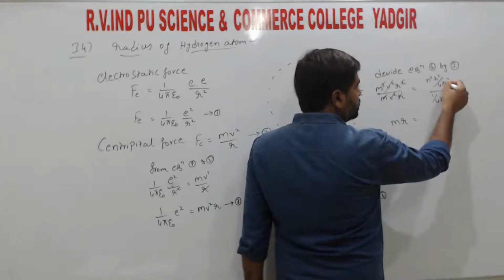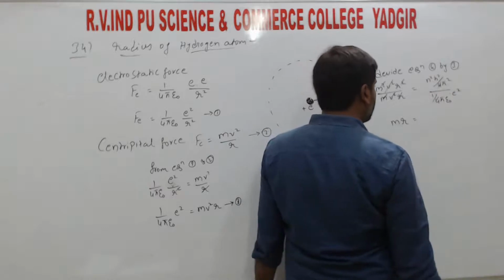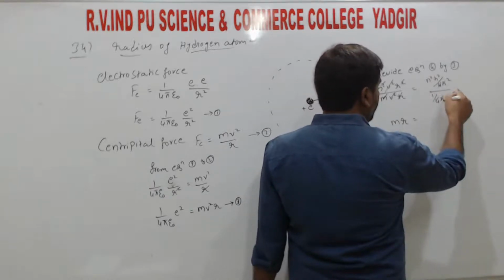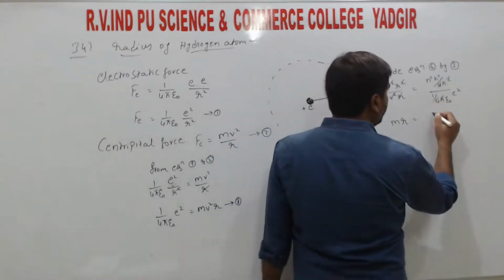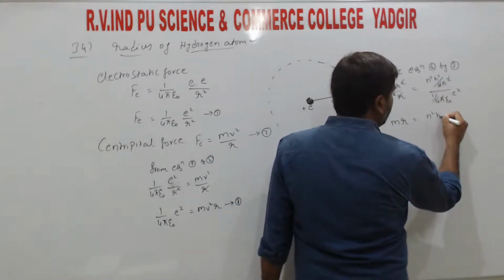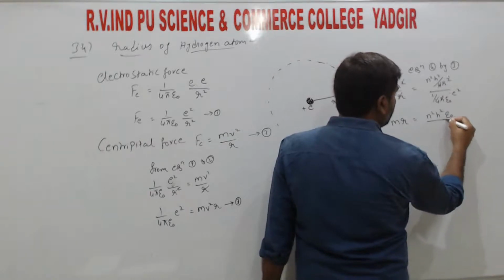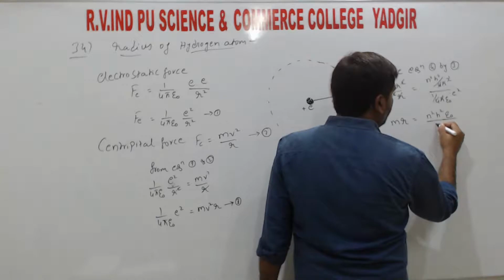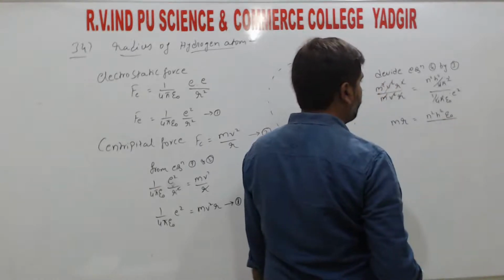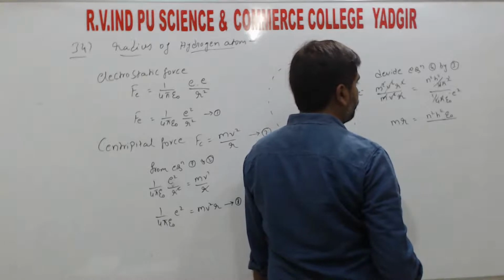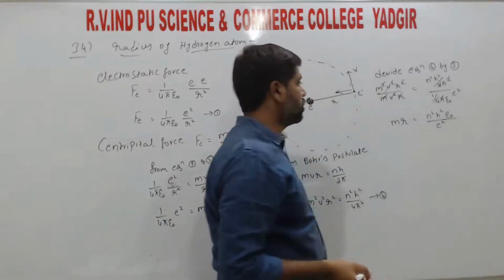So here in the RHS, 4 gets cancelled, right? One pi square gets cancelled, right? So remaining is n square h square epsilon naught divided by pi e square, right?